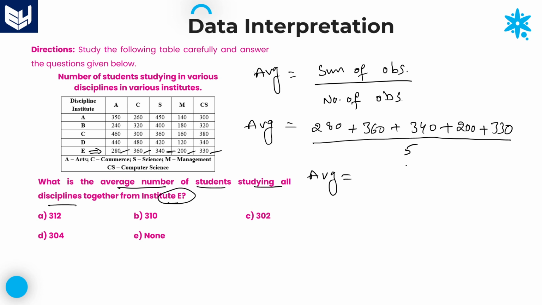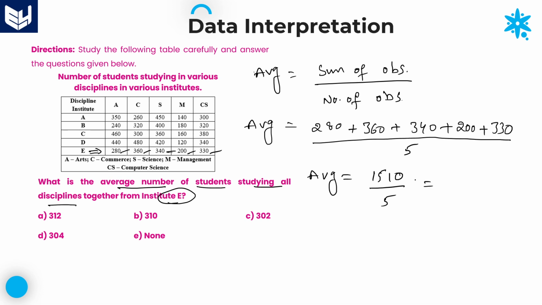Here the units place is 0. Coming to tens place, 8 plus 6, 14, 18, 18 plus 3, 21. 2 is the carry forward. 2 plus 2, 4, 7, 10, 12, 15. 1510 divided by 5.